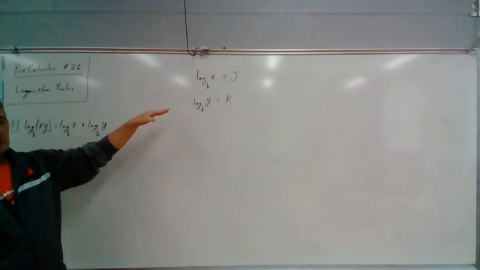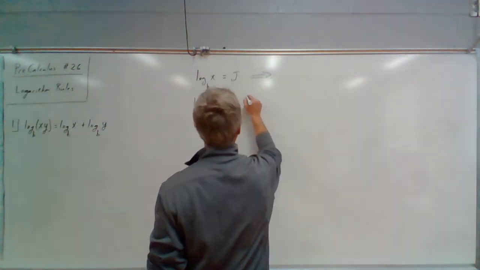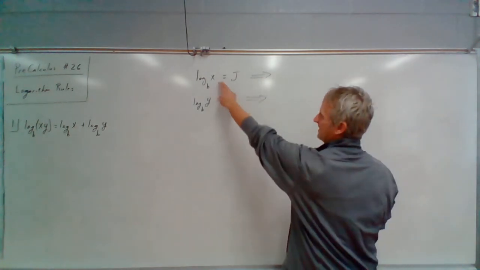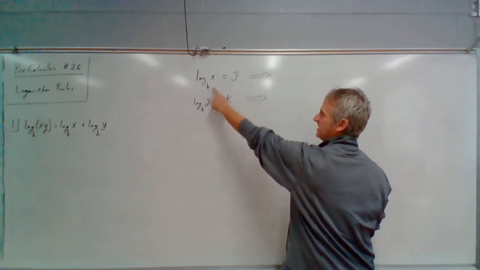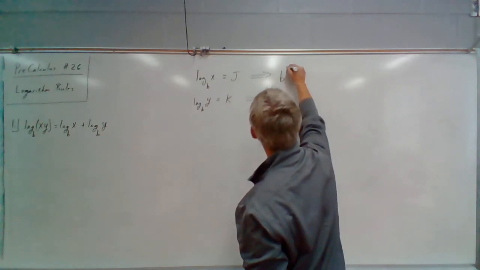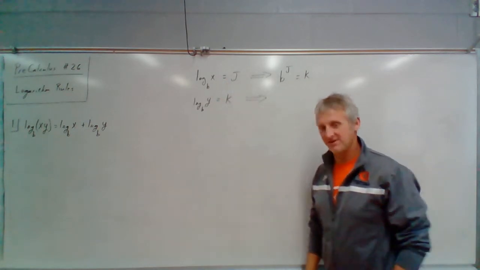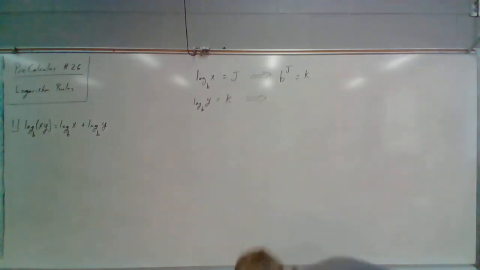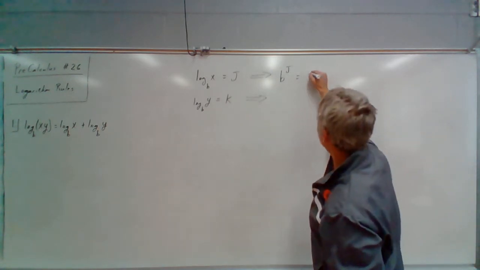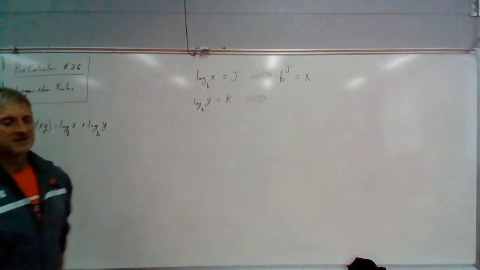Now I'm just going to tell what each one of these means. What does this mean? Log base b of x equals j, by definition means b raised to the j equals x. Sorry, I'm messing up this morning. Let's try this again. b raised to the j equals x.